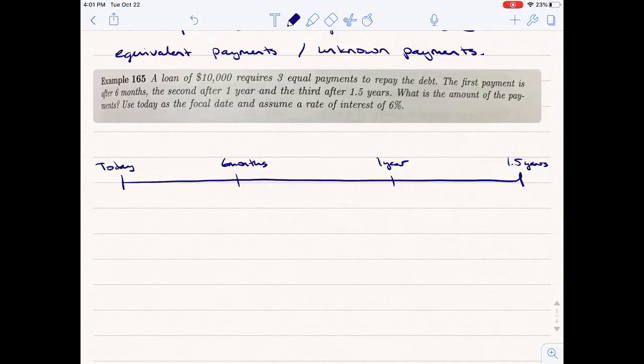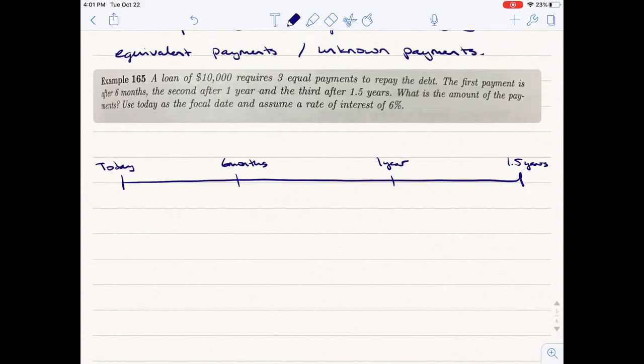What's happened is I borrowed $10,000 today, and then I'm splitting it up. But I have to pay less interest on the 6-month payment than I do on the 1-year payment and the 1.5-year payment, because I borrowed that amount for longer.